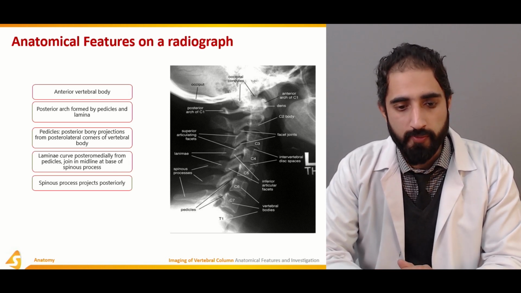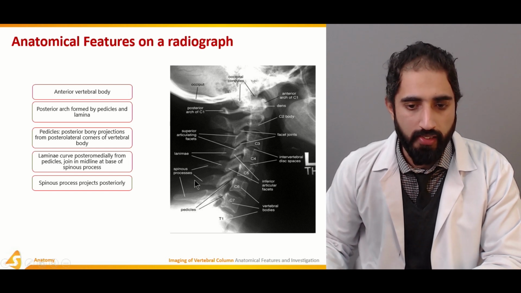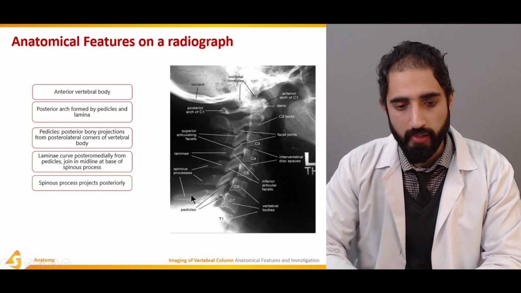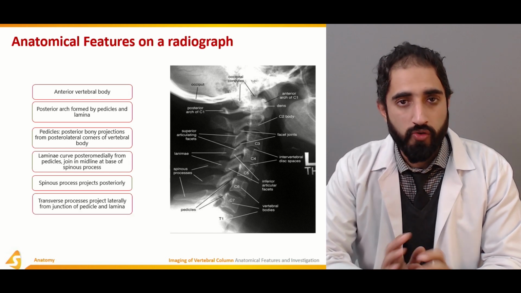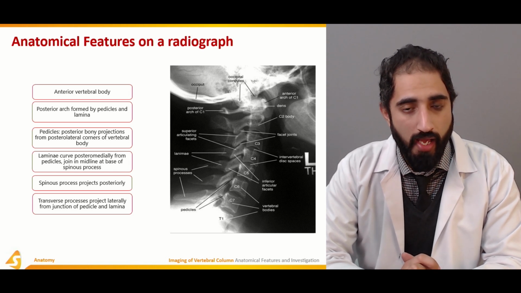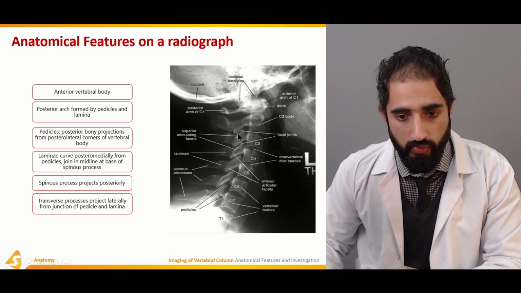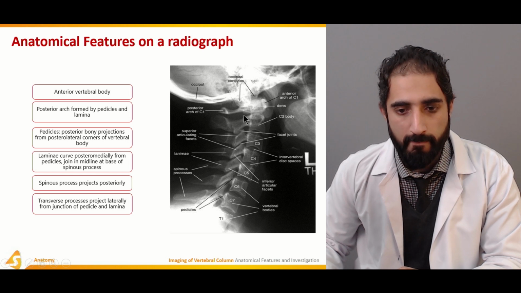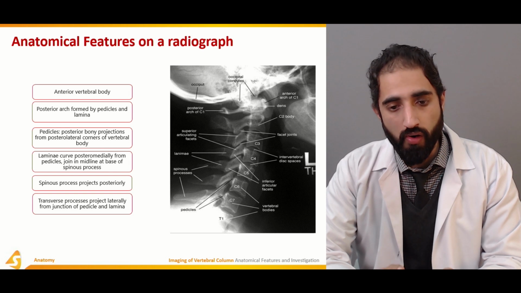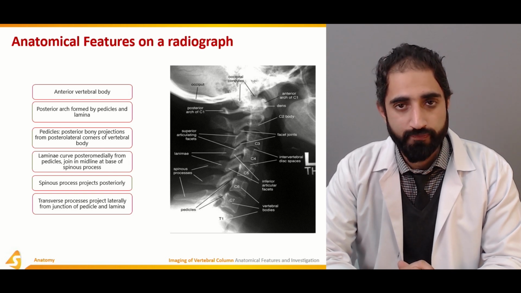The spinous process projects posteriorly, and they are easily identifiable in this or any other radiograph of a normal cervical spine. Now, transverse processes project laterally from the junction of pedicle and lamina, and they are visible here, as you can see. They are more clearly visible in the AP view.